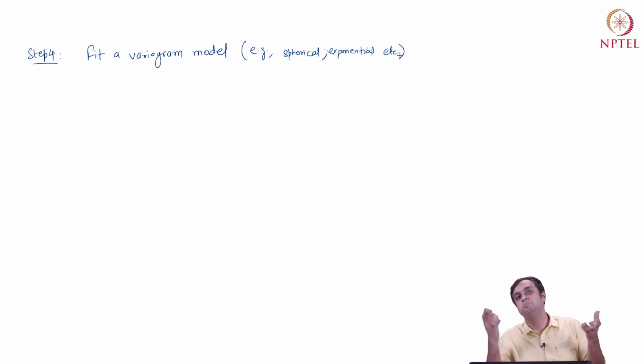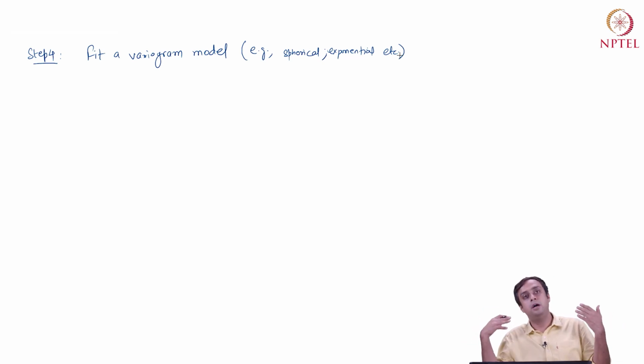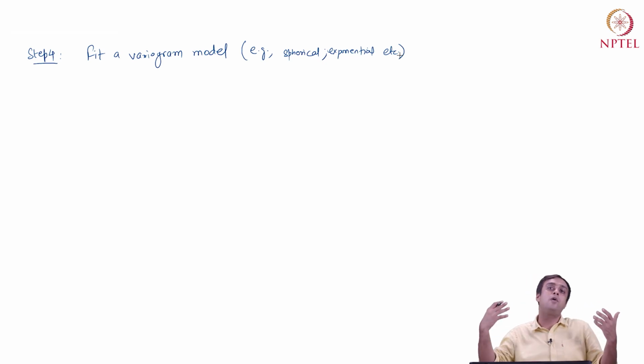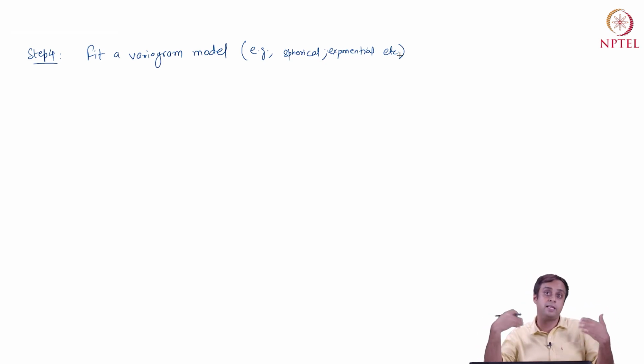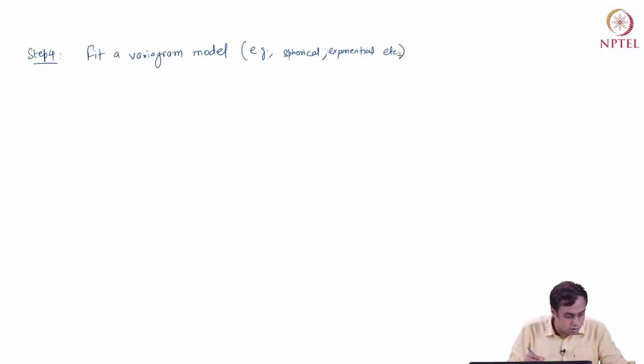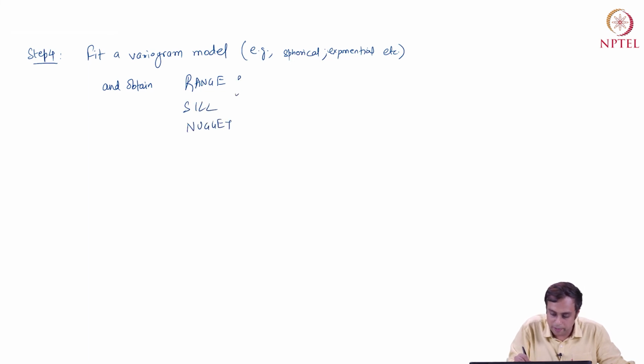So we know how to estimate a variogram, theoretically. Now, in the hands-on exercise we will be able to estimate the variogram model. So when you do that, you obtain what is called the range, you obtain the sill, and you obtain the nugget. Typically we obtain these entities.